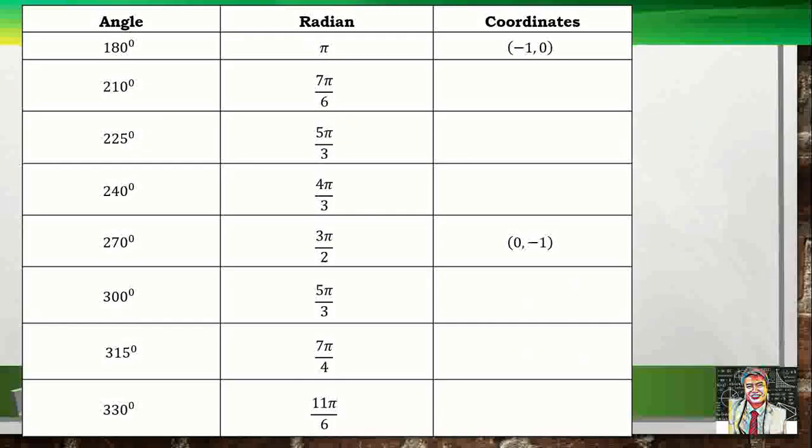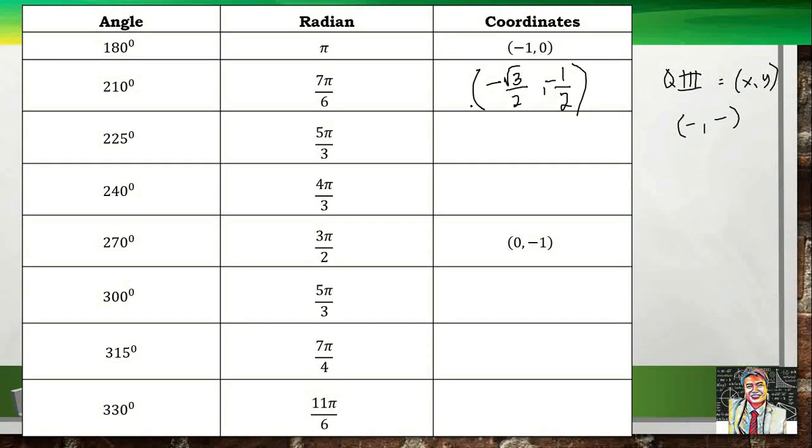Next. So, next natin about 210 degrees. Reference angle 210 degrees, that is 30 degrees. Coordinate under 30 degrees, that is also square root of 3 over 2 and 1 half. 210 degrees is belong to quadrant 3. Quadrant 3, ang ordered pairs doon, yung x and y, that is both negative. So, therefore, dapat both negative ito.